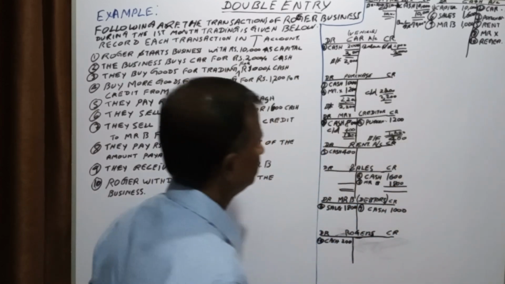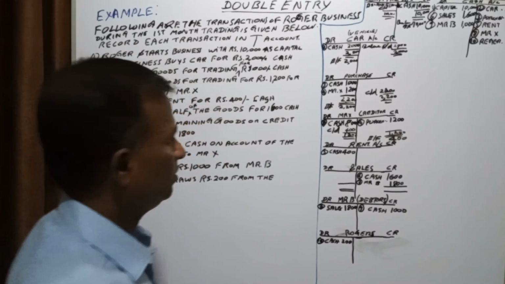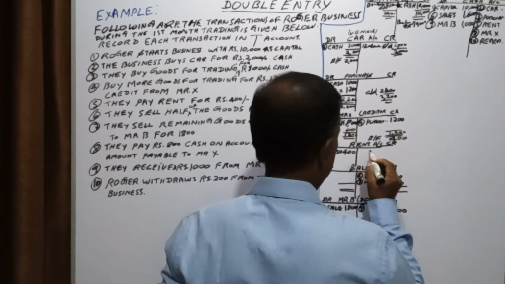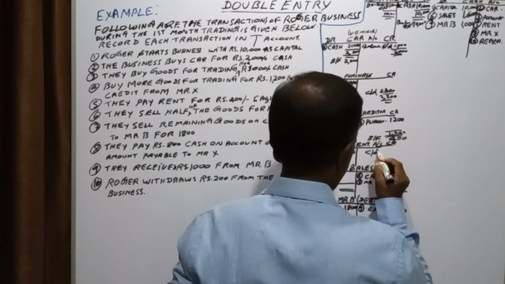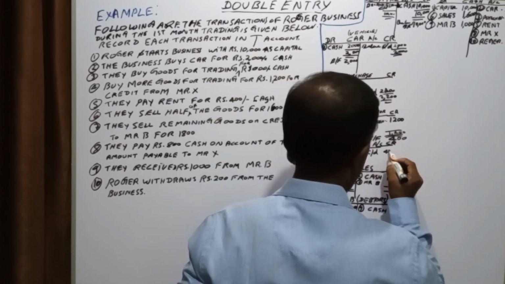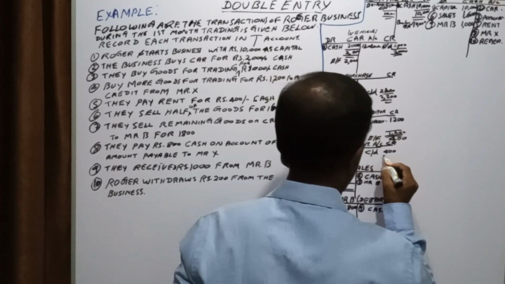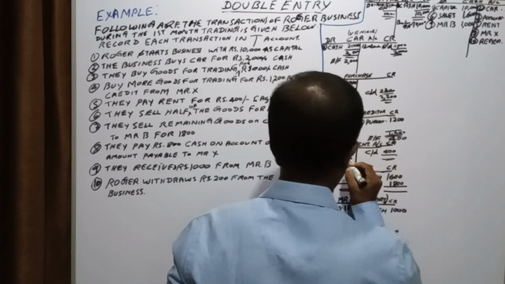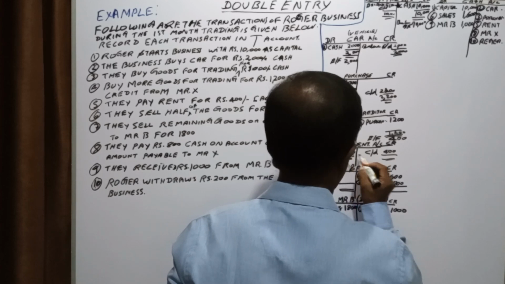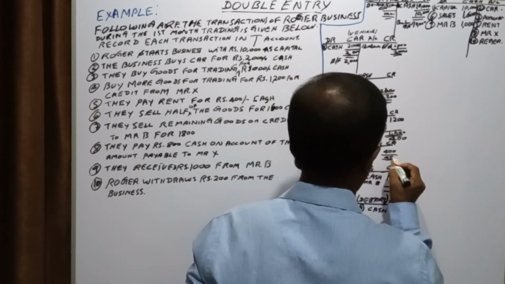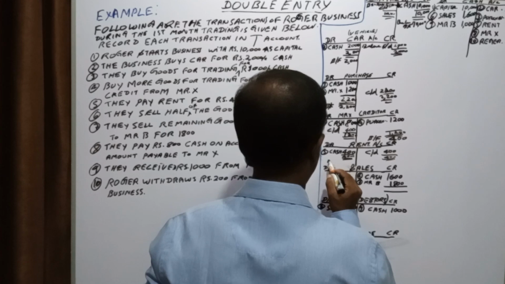Rent also: balance carried down 400, balance brought forward 400.